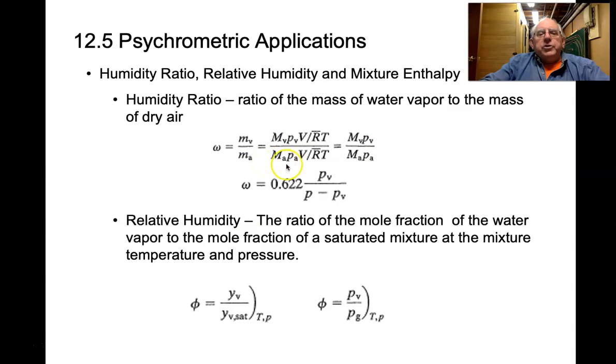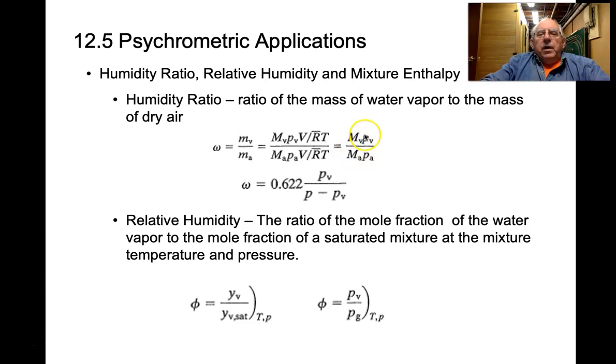For this mixture, the volumes are the same, the RTs are the same, and so what remains is the molecular weight of the vapor times the partial pressure of the vapor, over the molecular weight of the air times the partial pressure of the air.